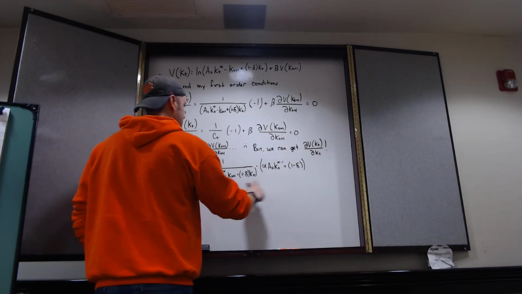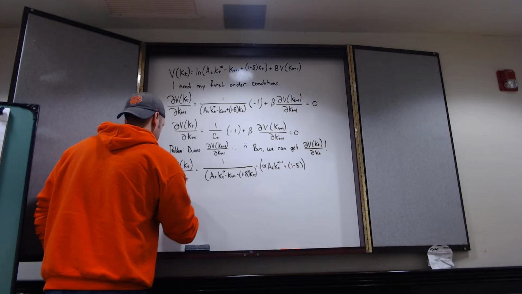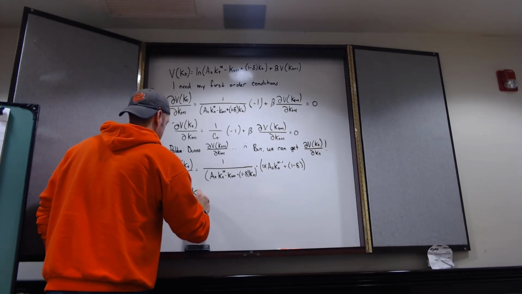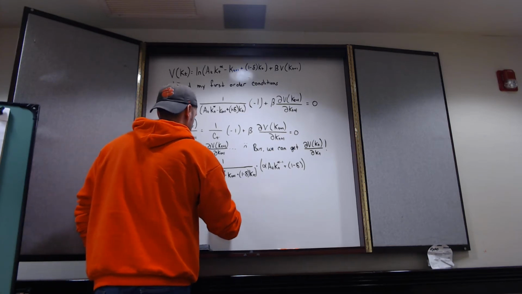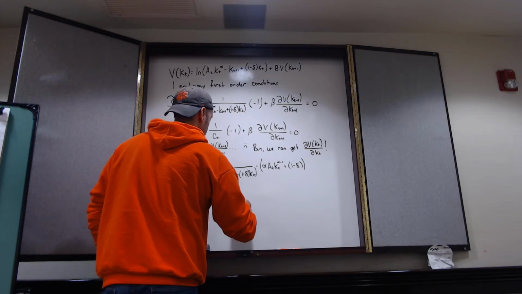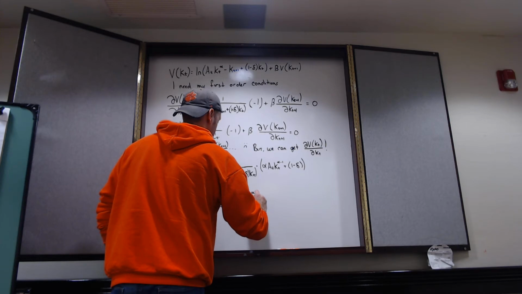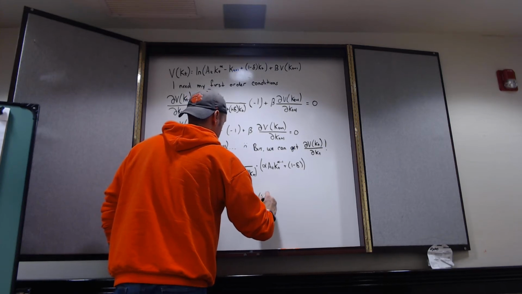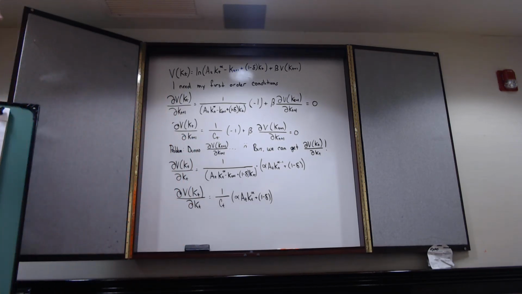If we have this, then we can rewrite this as 1 over CT times alpha times AT KT to the alpha plus 1 minus delta.